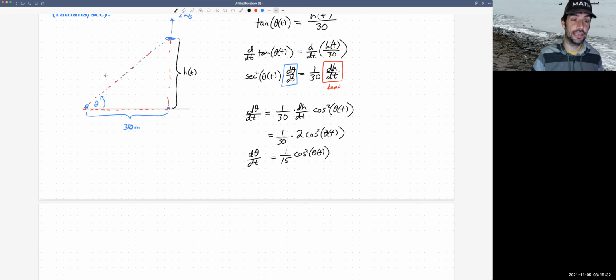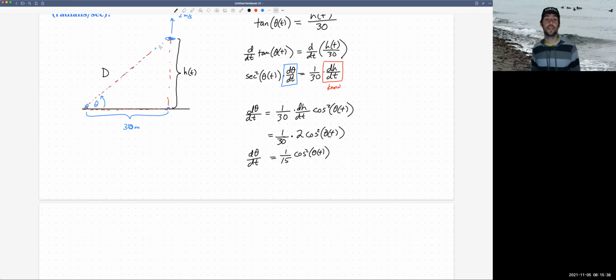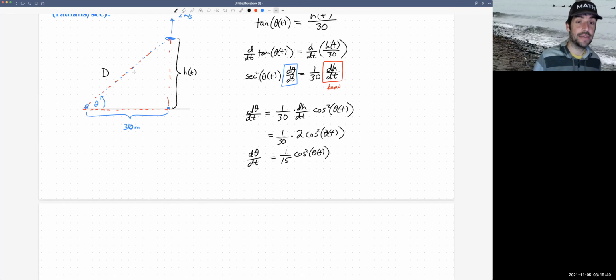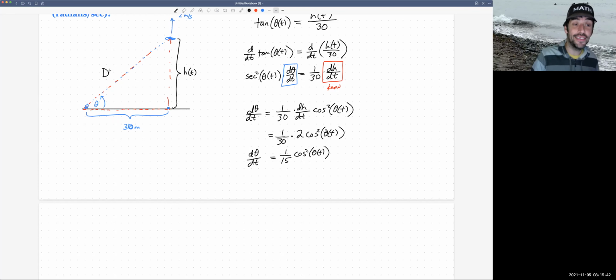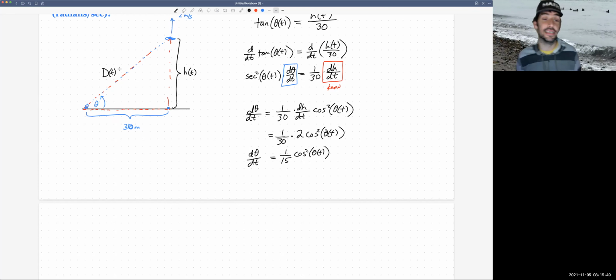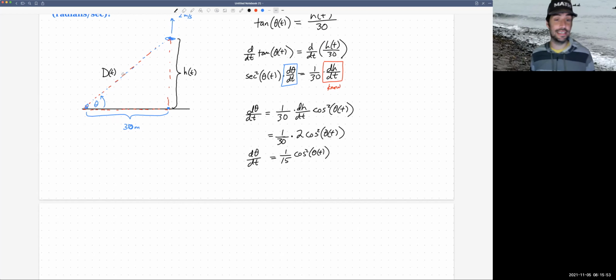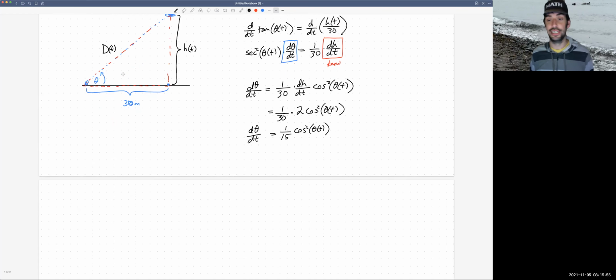Let's just call it d, for the distance between the camera and the drone, right? And this is going to be changing, so it's also a function of time. As time changes and that drone gets higher, that distance looks to be increasing. So we need d of t in order to have cosine.